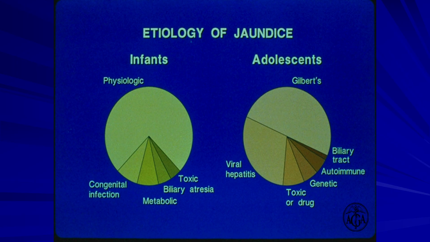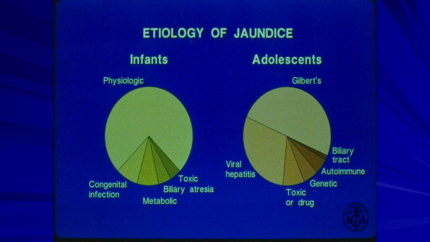So what are some of the etiologies of jaundice that you may be aware of, or that you should be aware of? That would depend on the population that you are studying.